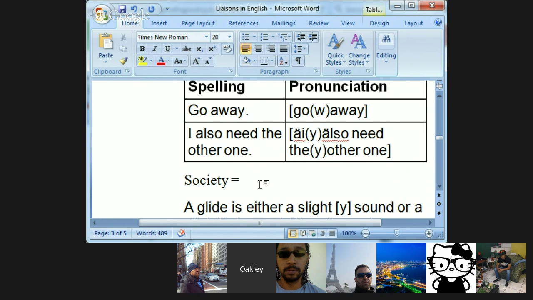Society. Okay, very good. So, breaking it into syllables. So, sigh, yet, D. Society. I might put the T with the last syllable, whatever, it doesn't really matter. So society, and there's your Y sound in the middle.